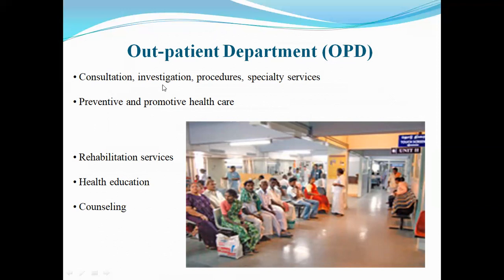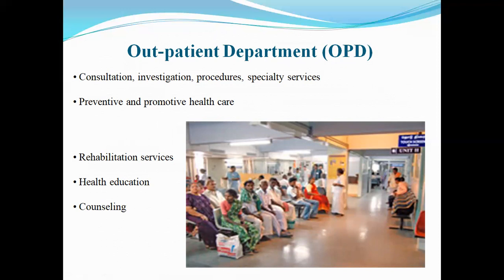And the promotive healthcare: how does it work? In the OPD department, various types of programs run so that they promote the healthcare system of a particular community. Then there is also rehabilitation. This is very important. What is rehabilitation? It provides rehabilitation service.